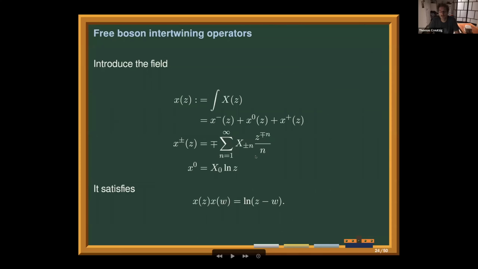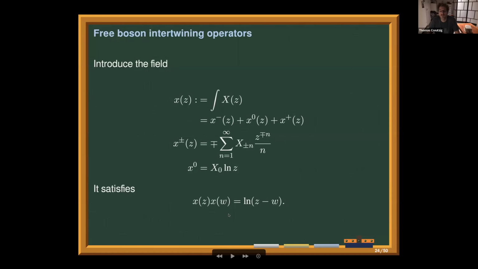And this splitting in three parts is done for convenience, which we'll see in the next slide. But first of all, now one can simply compute again the OPE of this antiderivative with itself, and one gets a logarithm, which makes sense, right?